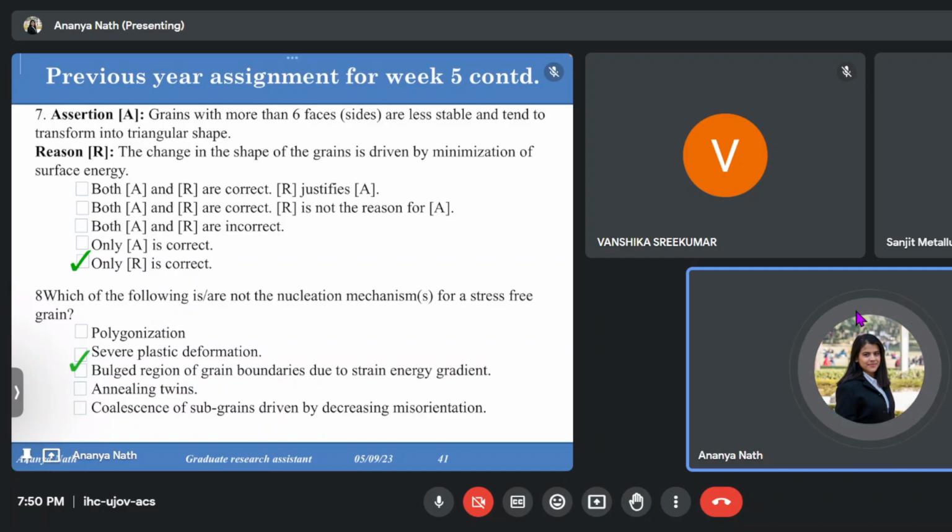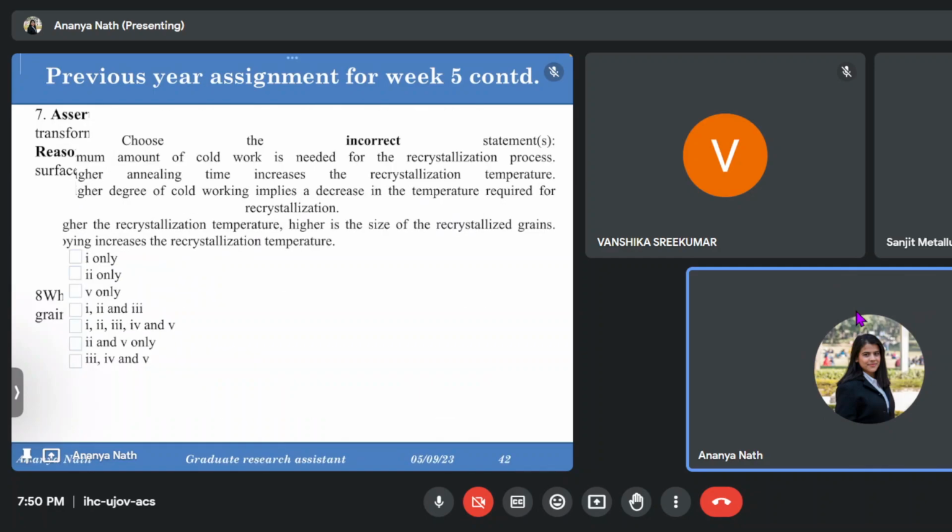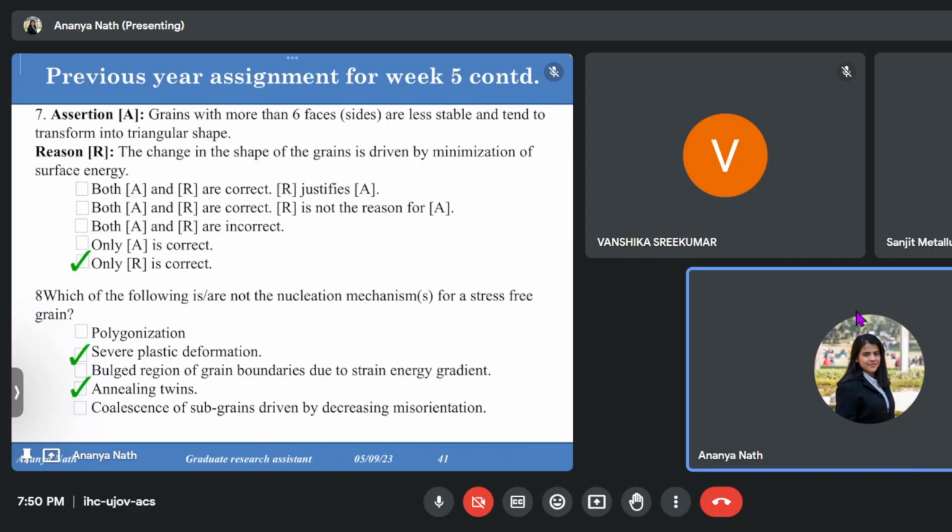The correct answer is severe plastic deformation. Okay, why is it going so slow? I am still on the previous slide. So the answer is severe plastic deformation and annealing twins.